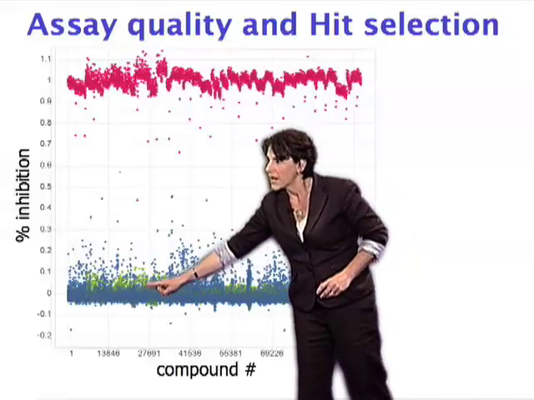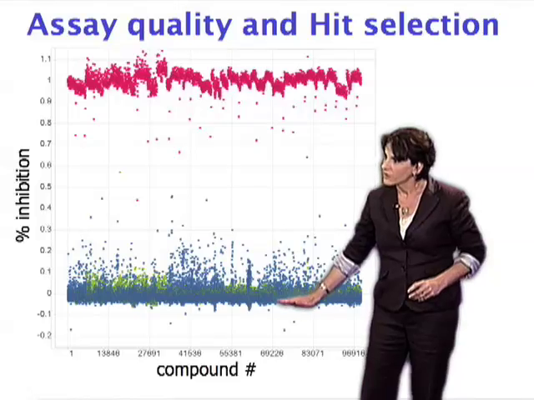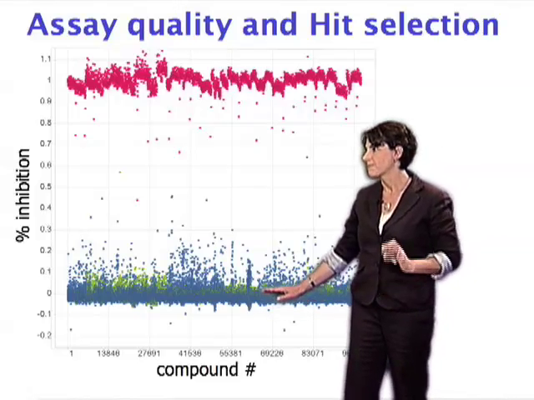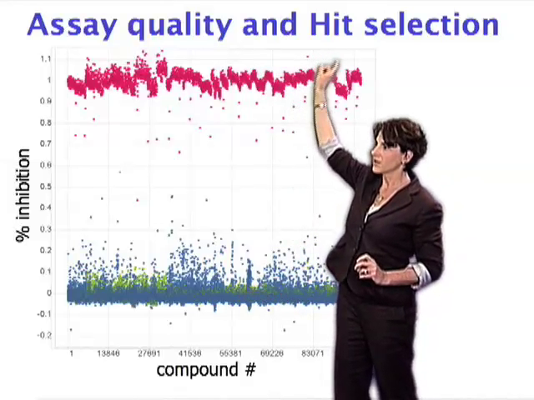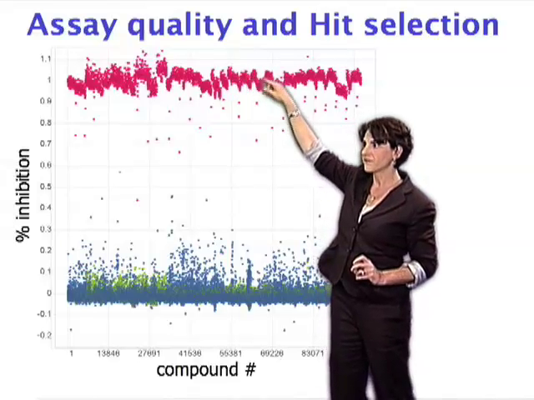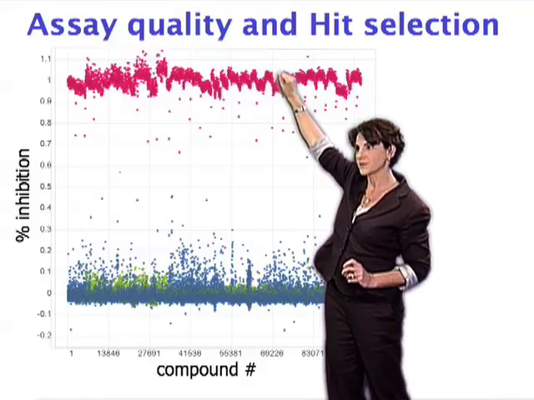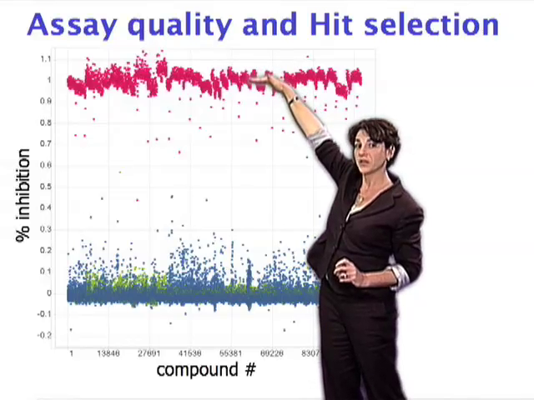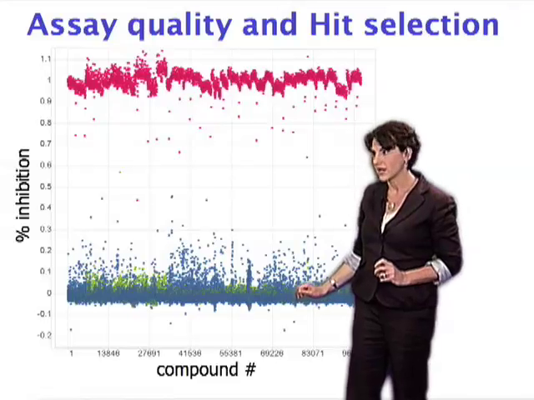These are maximum signal controls on each plate that show you the variance in the activity of the enzyme across that plate. And then a fully inhibited enzyme, these are minimum signal controls running across the plate. You see some variation, but overall, this is a minimum signal, a highly inhibited enzyme signal. And it's normalized to the average here being 100% inhibited and the average of the green being 100% active.